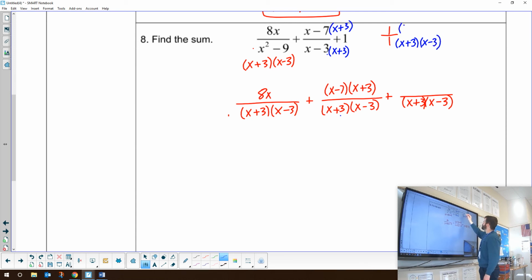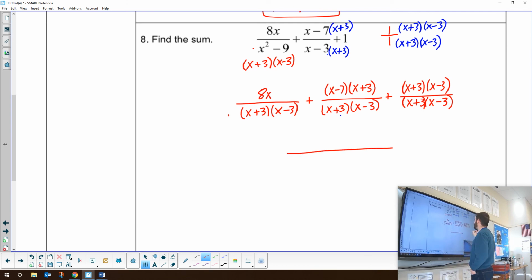So I also need to multiply the top by that. So this fraction is just going to be x plus 3 times x minus 3. Now we can combine it to be one big fraction. So I can rewrite this as one big fraction where we're just adding the stuff on top.